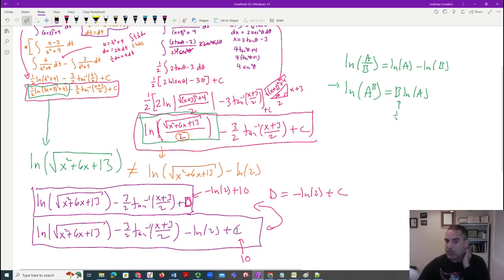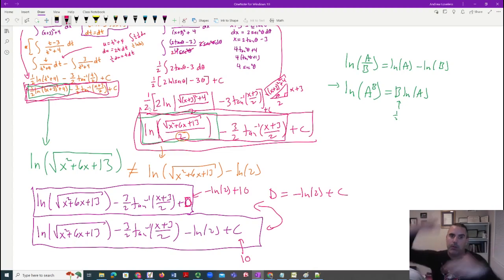Sometimes you can think of it as the constant is absorbed. So you don't necessarily have to have this function the same as this function in order to have the correct answer. But if you were to graph them both, they need to be shifted versions of each other. They should look like the same graph. If it's shifted up and down, it's still correct. Okay, hope that's interesting and helpful.